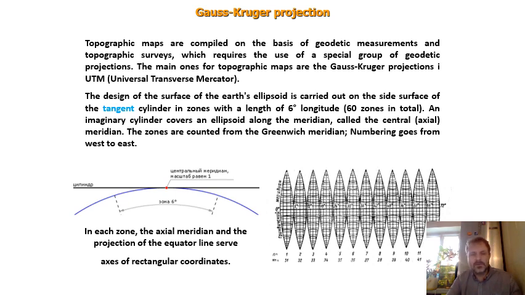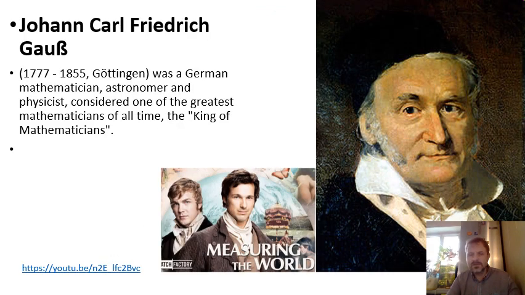Numbering goes from west to east. In each zone, the axial meridian and the projection of the equator line serve as axes of rectangular coordinates. This projection has the name of Carl Friedrich Gauss.